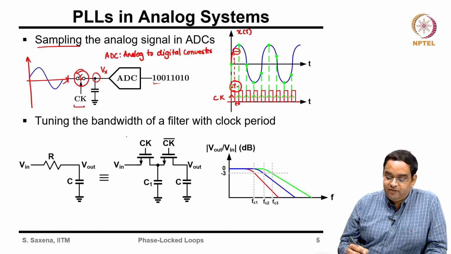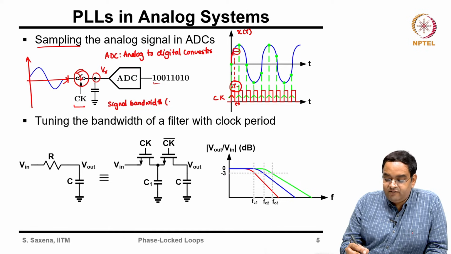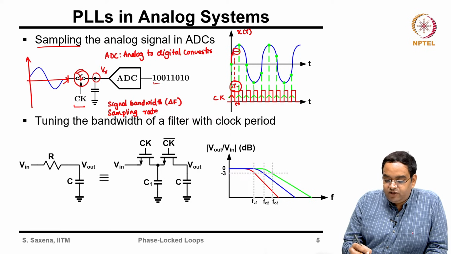So, what do you have? Your signal bandwidth, whatever signal bandwidth you are sampling in your ADC, if signal bandwidth is delta f, your sampling rate should be greater than 2 times delta f.